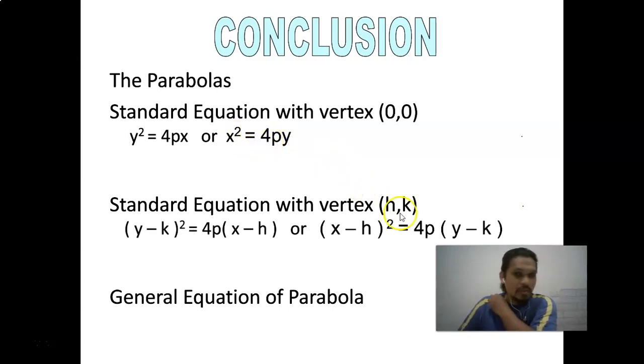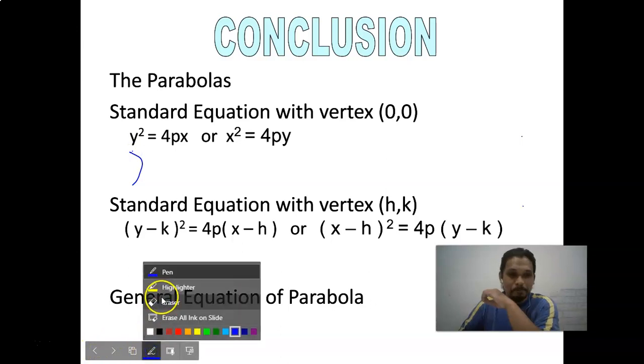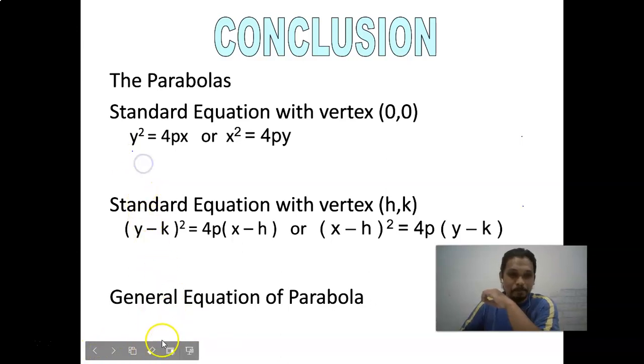And the standard equation with the vertex (h, k): for the parabola, (h, k) is not the center, but the vertex. For y squared, the graph is either open to the left or open to the right.